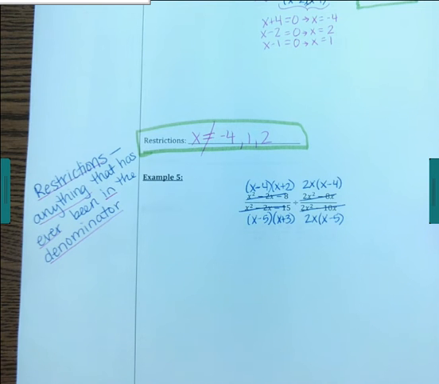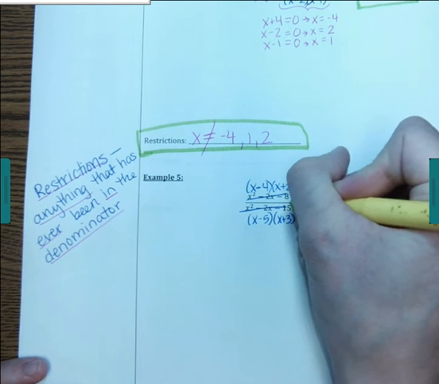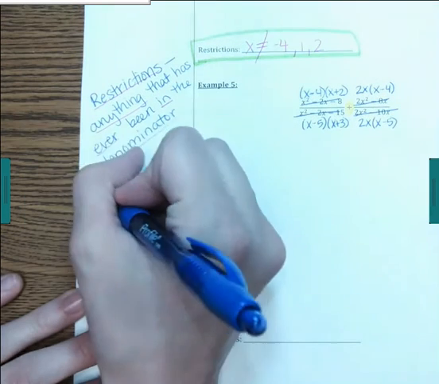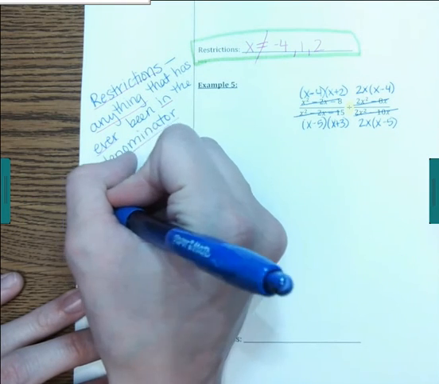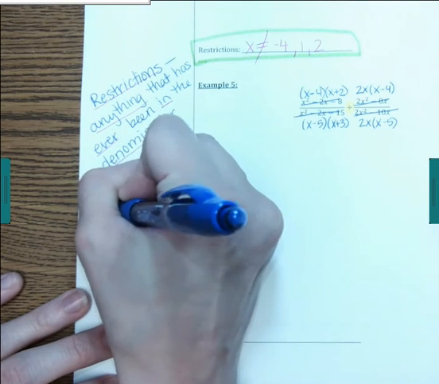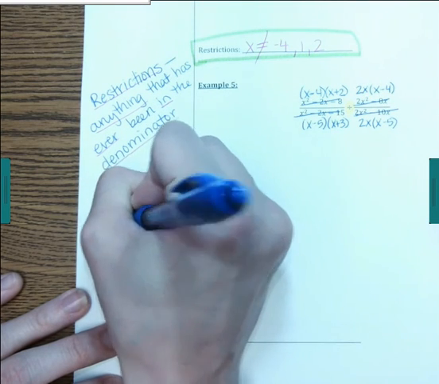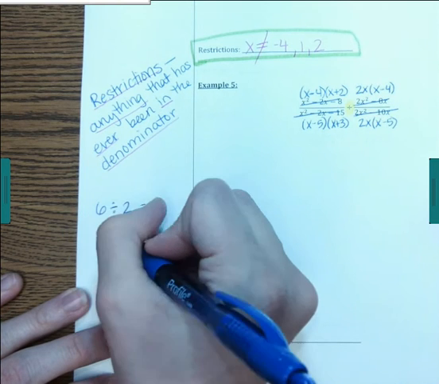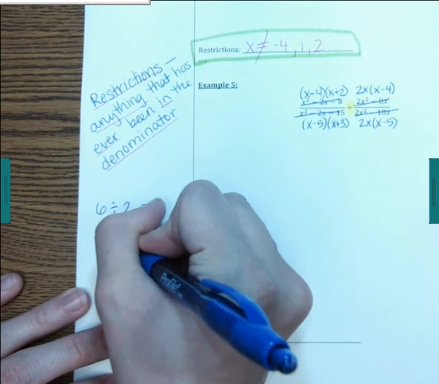Alright, so we have all these shenanigans. Now, I do want to once again draw your attention to that little negative symbol in the middle. Whenever we are dividing, you can think of that as multiplying by the reciprocal, right? What do I mean by that? Say we have the number 6, dividing by 2, or 2 over 1, is the same as multiplying by the reciprocal, so 1 over 2.